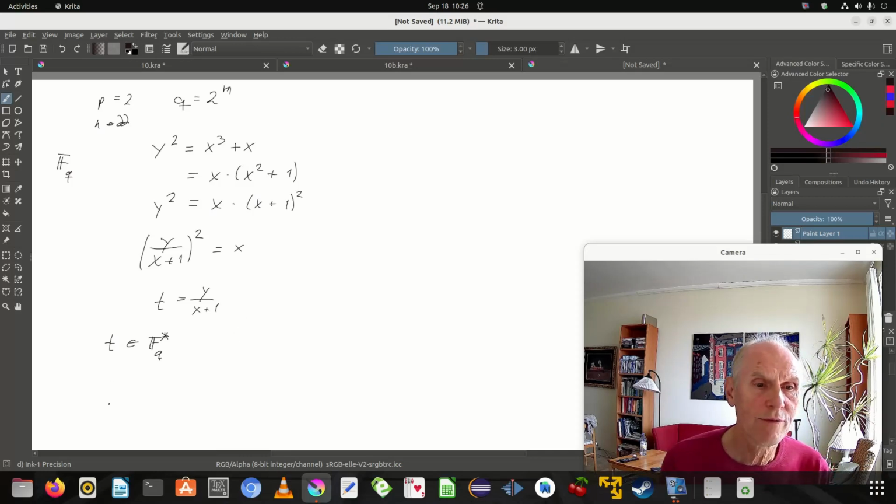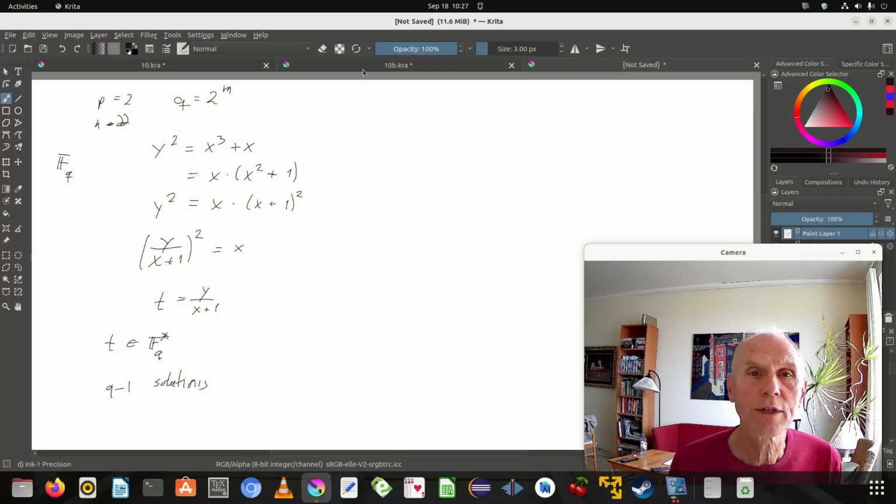So I believe we have exactly q minus 1 solutions. And then plus the center, 0, 0, 1, and the point at infinity, we get q plus 1.